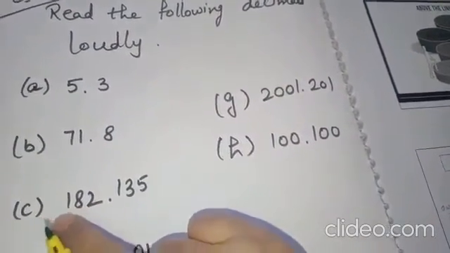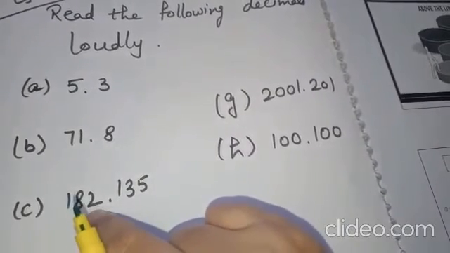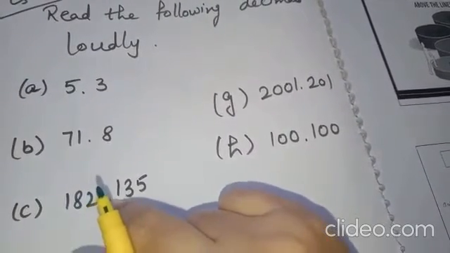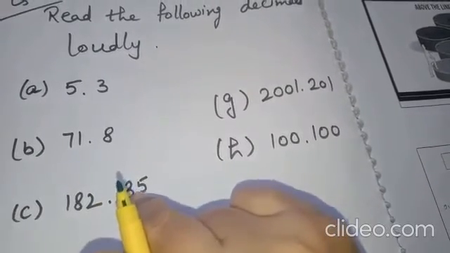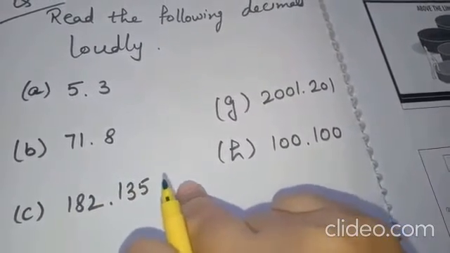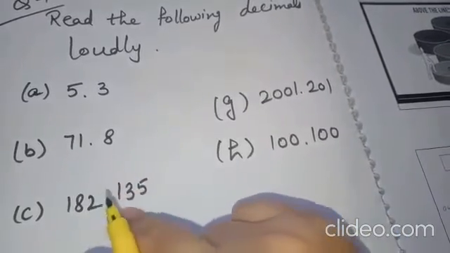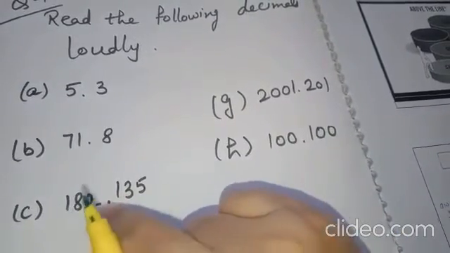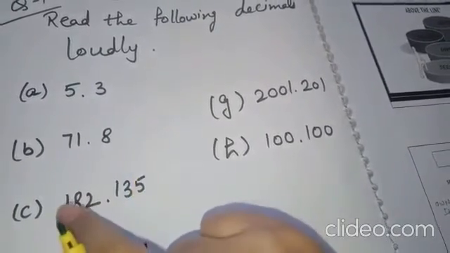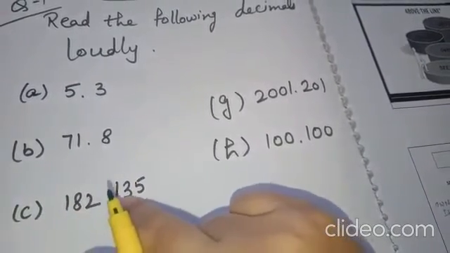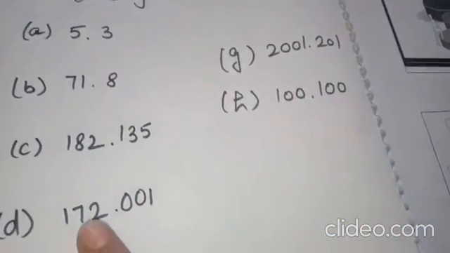Now tell me about this. 182.135. Okay, we will not read it as 135, as these are the digits after the decimal. So the number is 182.135.